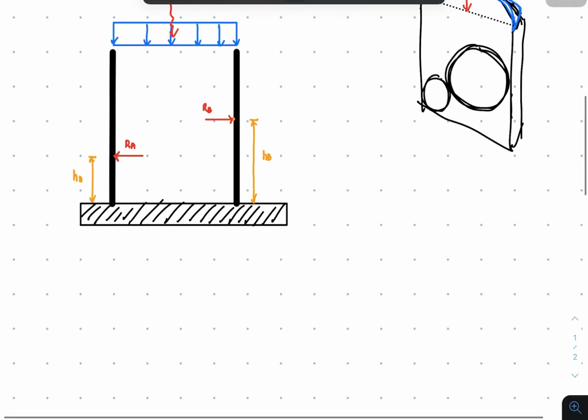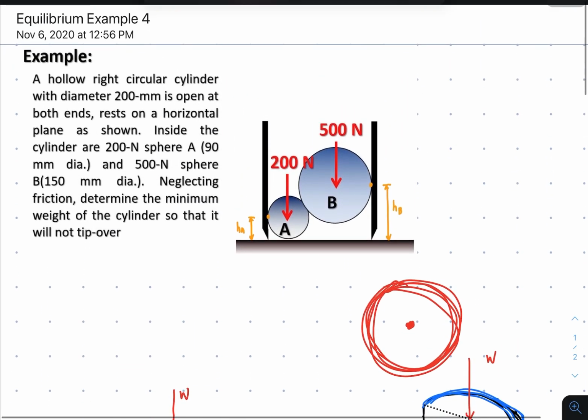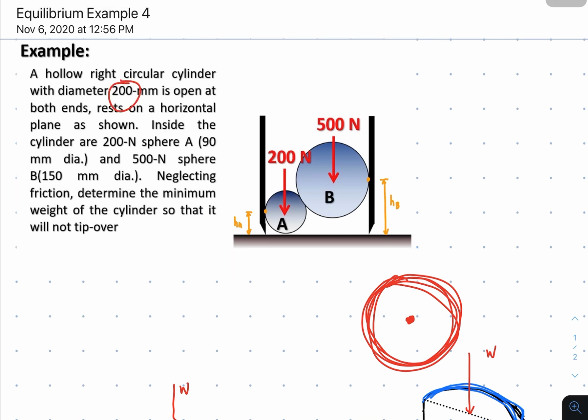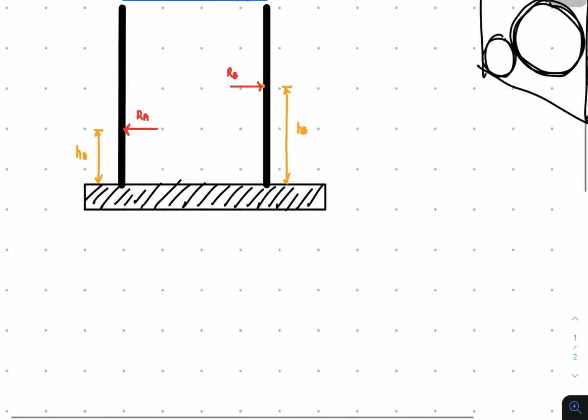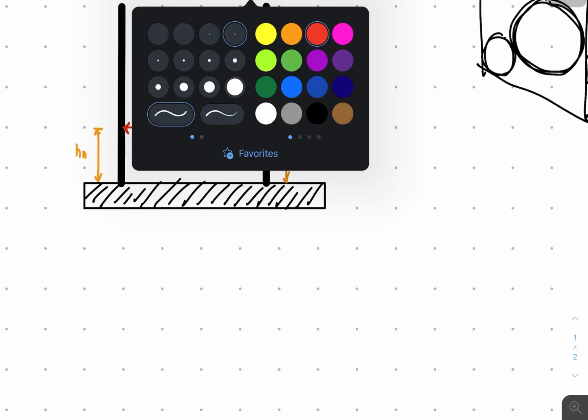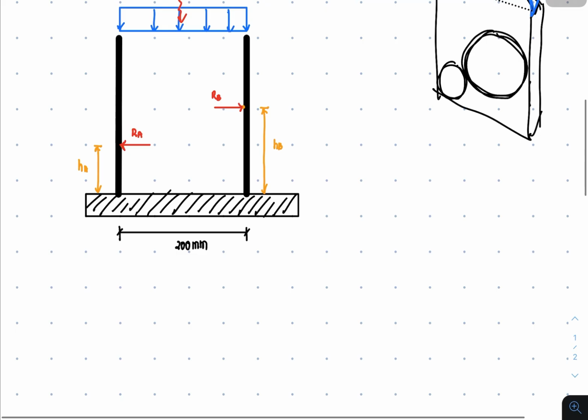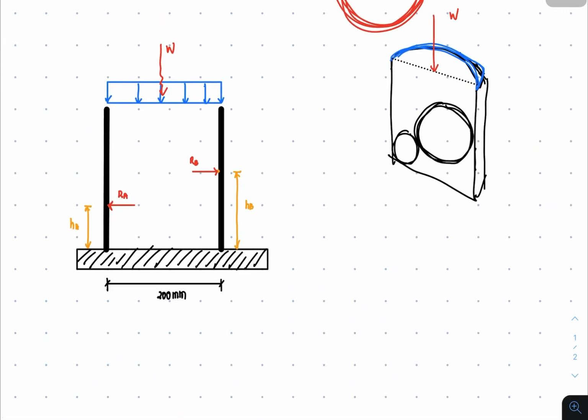By the way, the diameter of the cylinder is 200 millimeters, so I'll just write the dimension. This is 200 millimeters. So the question is, what would be the weight of this cylinder?